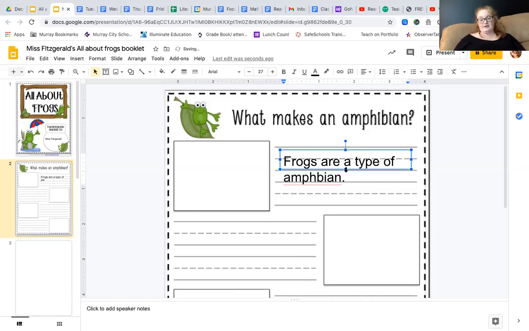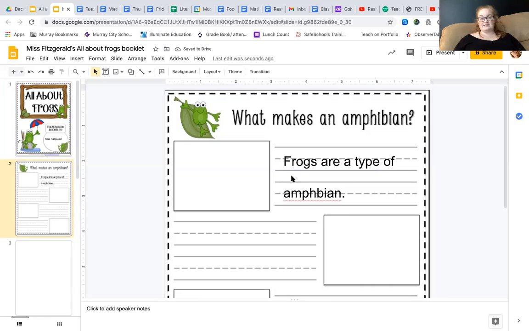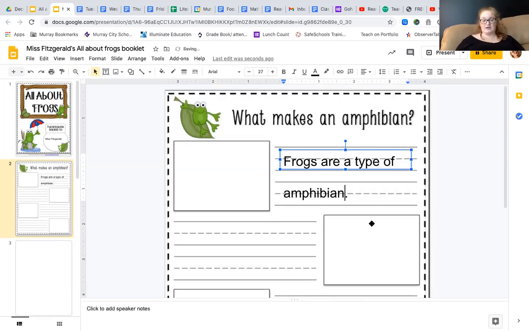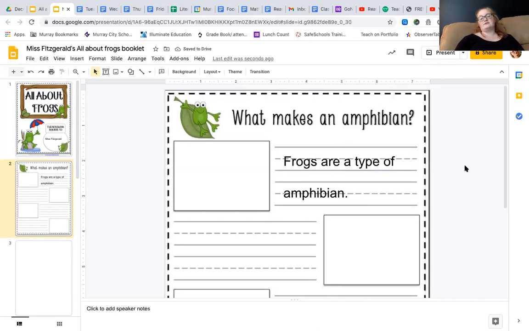Good. So frogs are a type of amphibian. Okay, so I have a full sentence. Oh, I spelled amphibian wrong, so I'm gonna just autocorrect that. Okay, it says frogs are a type of amphibian.